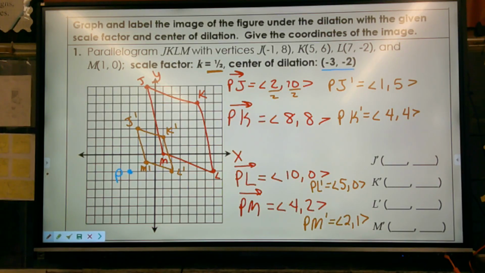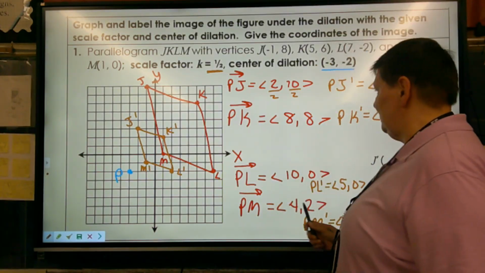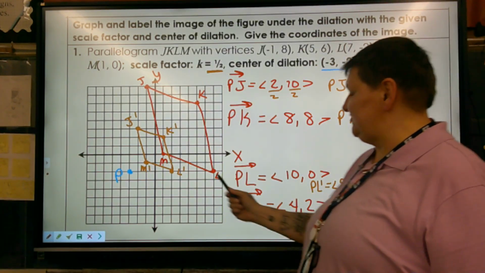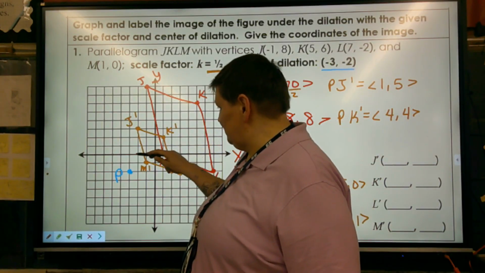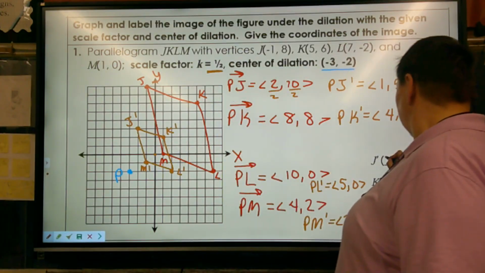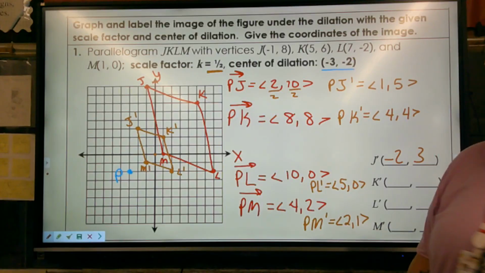And then step 5, determine the image coordinates and write them down. So, because we're doing coordinates now, we start at the origin. To get to J prime, we had to go 2 left, 3 up.